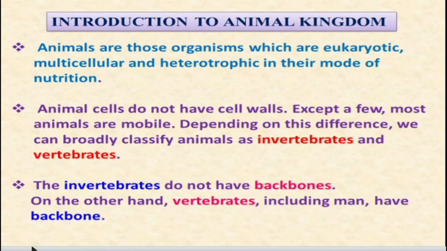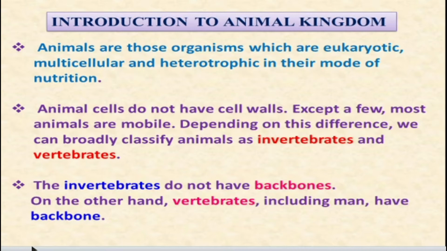Animals are those organisms which are eukaryotic, multicellular and heterotrophic in their mode of nutrition. Most of the animals in the animal kingdom are eukaryotic, multicellular and heterotrophic.